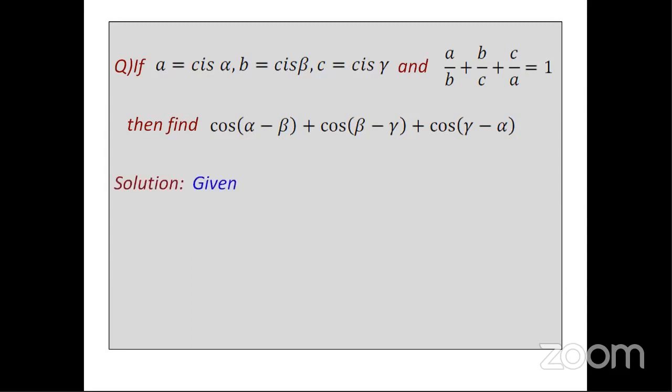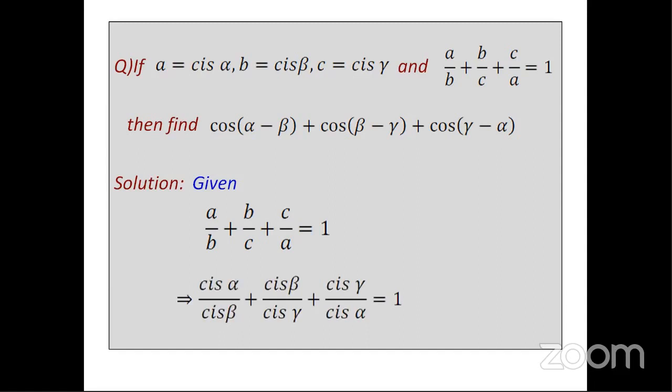You are given a condition a by b plus b by c plus c by a is equal to 1. We will substitute what a, b, c are in this condition. You have cis alpha, cis beta and cis gamma as a, b, c respectively, isn't it? So we will substitute that. We have cis alpha by cis beta plus cis beta by cis gamma plus cis gamma by cis alpha equal to 1.